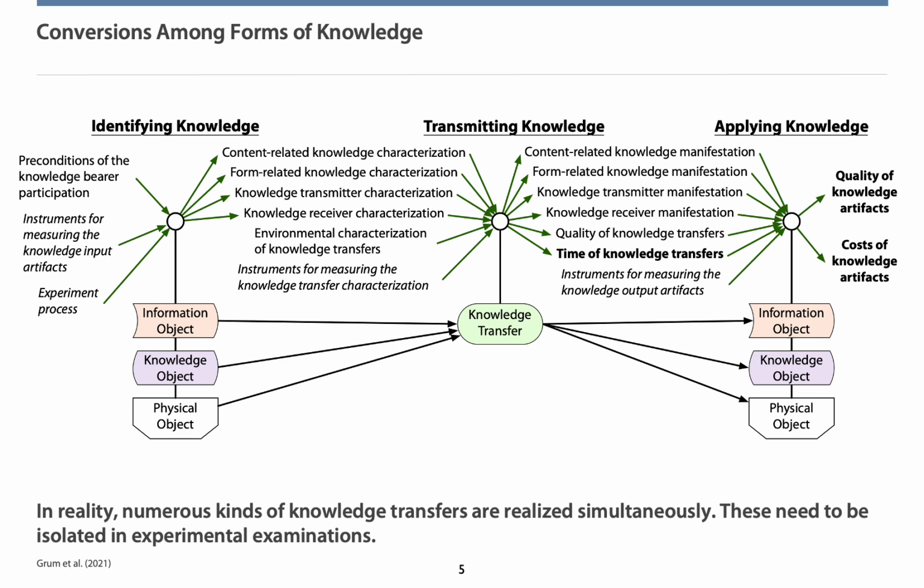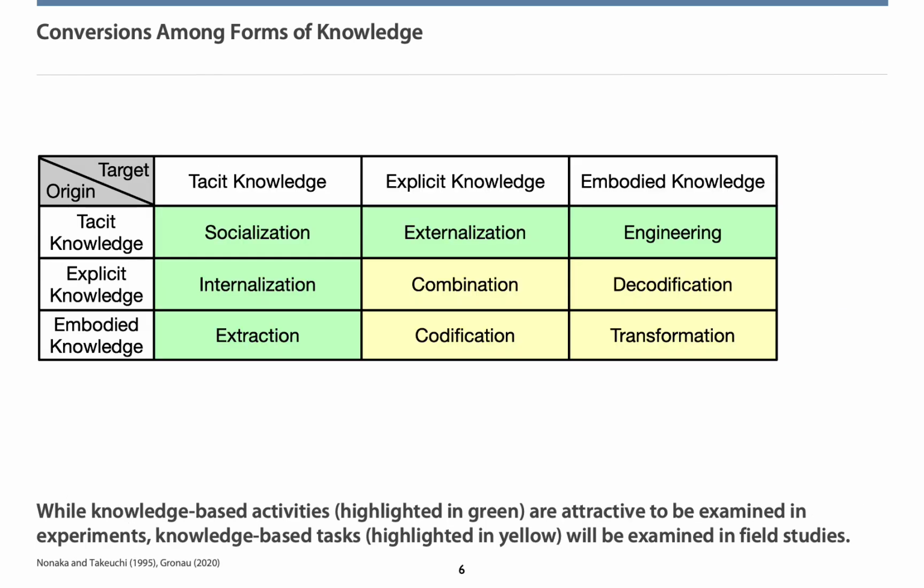Along the sequence, different influence factors and different kinds of knowledge objects are involved, which all need to be considered by the experiment. Considering all kinds of knowledge transfers, the experiment has to consider the conversions highlighted in green.